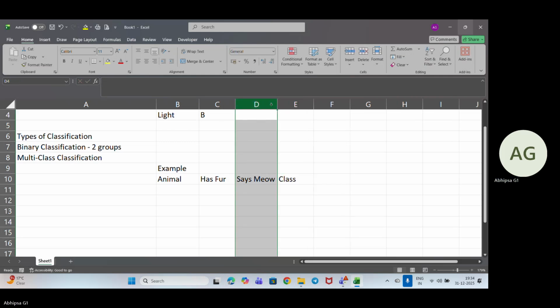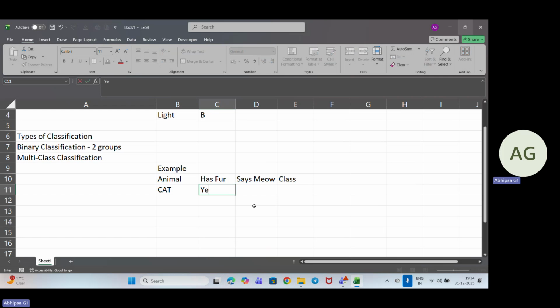Now, if we are calling the name cat, then in case it has fur, we will be writing yes, says meow, yes, and the class would be cat. Now, here about animal, we are calling it dog. Here fur, yes, says meow, no, and it is a dog class.